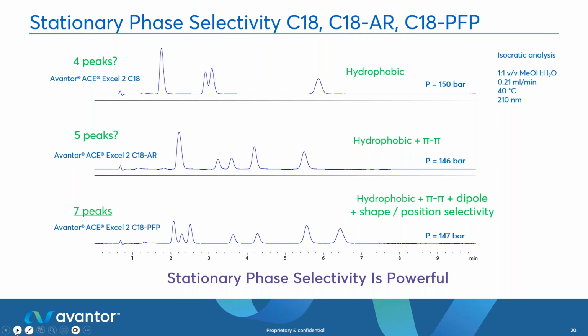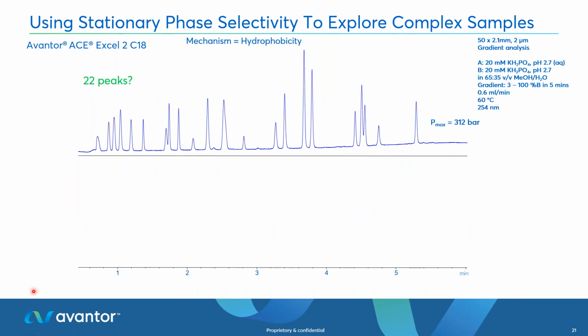And again, I've got a nice example here. This was kind of those methoxybenzene isomers in that case. But I've got another example here just showing a much more complex mix run on the C18 where we could identify 22 peaks. I mean, this one looks to me like it could be 2 peaks. Maybe there's another couple.